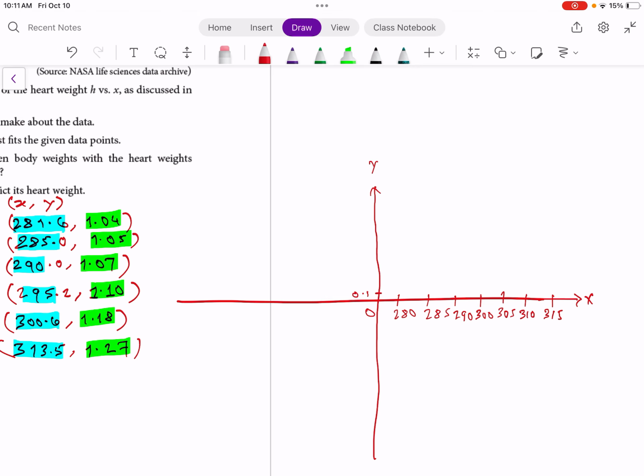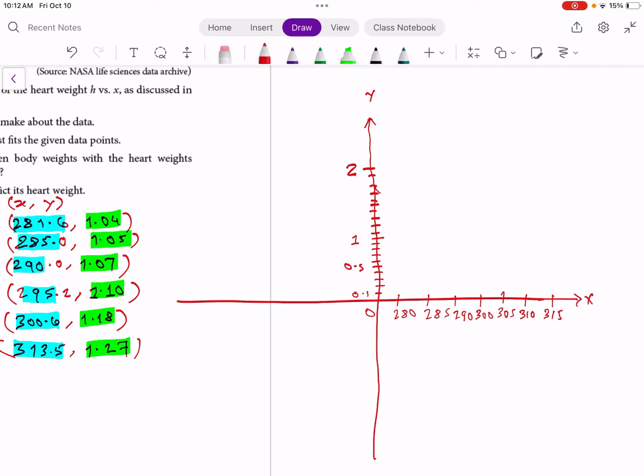Okay, so 0.2, 0.3, 0.4, 0.5, 0.6, 0.7, 0.8, 0.9. This is 1, 1.1, 1.2, 1.3, 1.4, 1.5, 1.6, 1.7, 1.8, 1.9. This is 2.